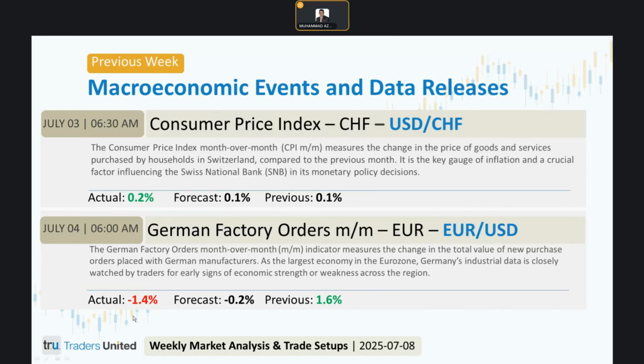The data reinforces fears of weakening Eurozone industrial activity and weighed heavily on the euro, sending euro USD lower. With the ECB likely to take note of this decline, traders will watch closely for any change in policy tone and continue to monitor incoming US economic releases for direction on the US dollar side.